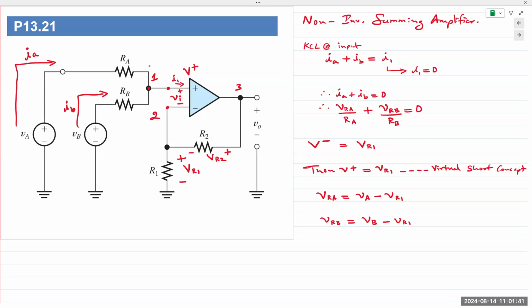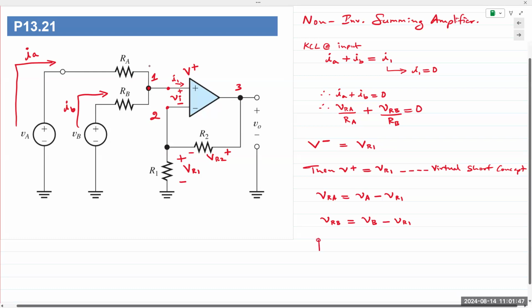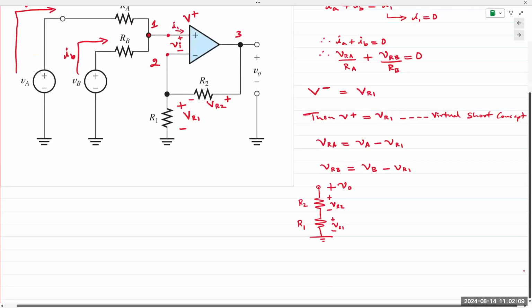And then if you look at VR1, it forms a voltage divider if this is R2 and this is R1. We have the output voltage being divided across R2 and R1. We use the voltage division principle and obtain the value for VR1.